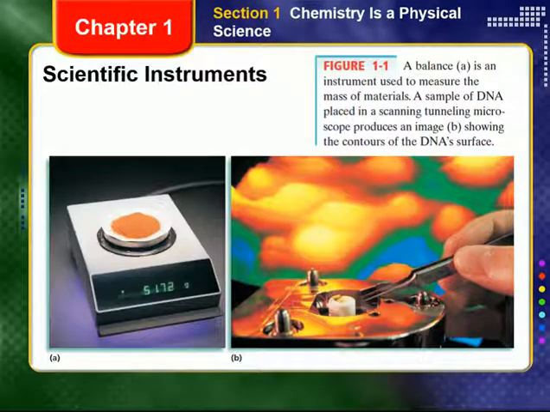Instruments are routinely used in chemistry to extend our ability to observe and make measurements. Instruments make it possible, for example, to look at microstructures, things too tiny to be seen with the unaided eye. The scanning electron microscope reveals tiny structures by beaming particles called electrons at materials. When the electrons hit a material, they scatter and produce a pattern that shows the material's microstructure.